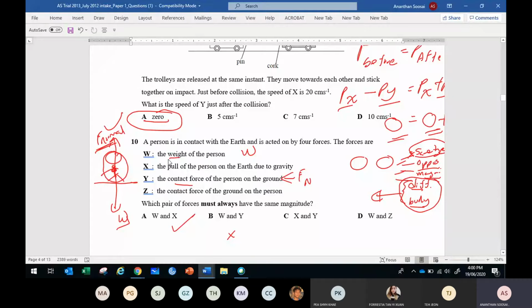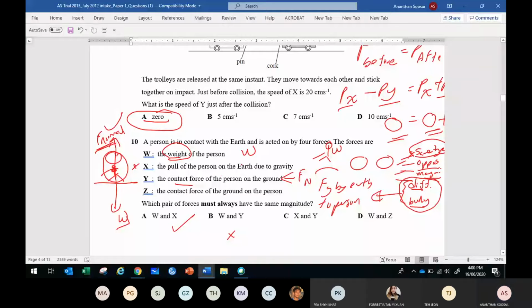Weight is another name for the gravitational force by Earth on the person. If there is a person here, the weight is the gravitational force by Earth on the person. X is the pull of the person on the Earth.